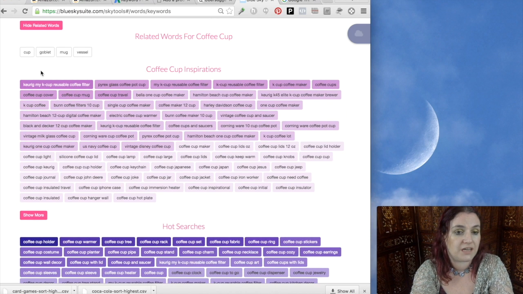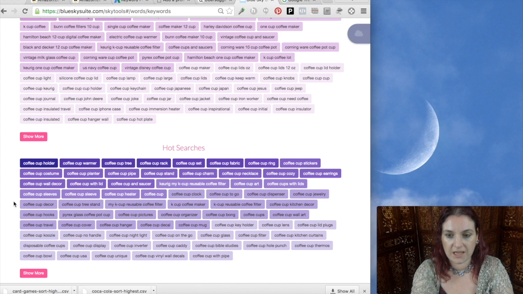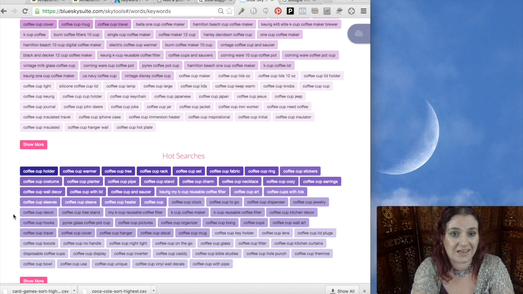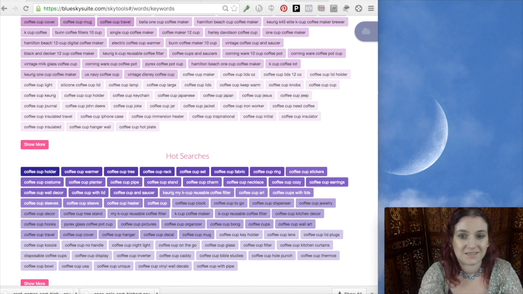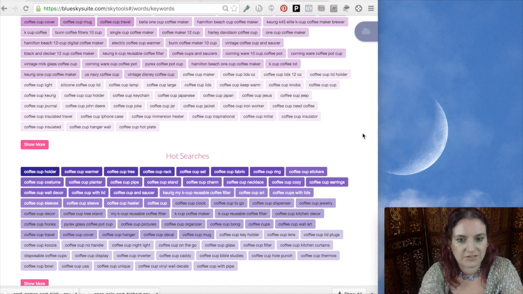Coffee cup inspirations gives you product-based ideas. It's looking at marketplaces and what's popular on various marketplaces. Hot searches is picking up more on trends in general. So I would look through these, see if I can spot anything that's particularly relevant, any keywords that I think are particularly useful. Coffee cup is kind of a simple search, but there may be a few there that are kind of interesting.